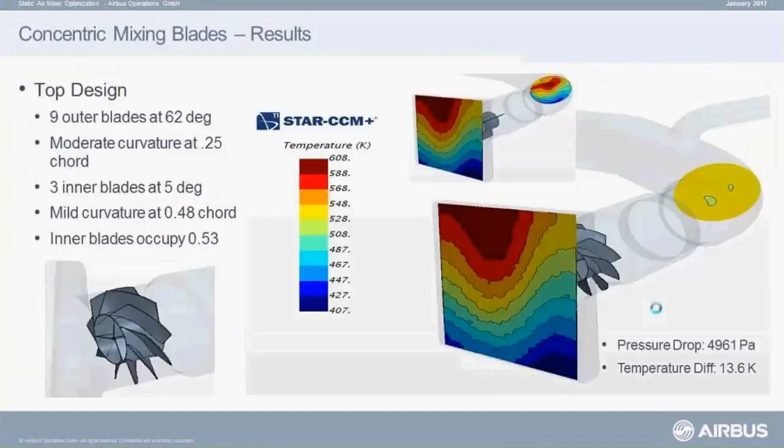So again, looking at the results for the best design, we have a high number of plates outside and a low number of plates inside. When we look here at the comparison between the initial design and the final design, we can see that we have an almost homogeneous temperature at the area where the temperature sensor is located, meaning we have a maximum temperature difference of only 13 Kelvin, and we're within the limits of our pressure loss.